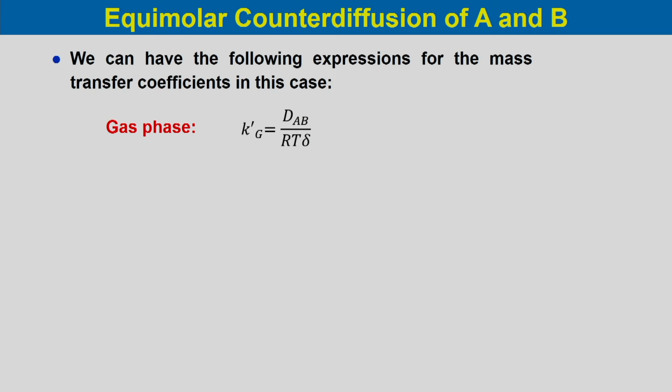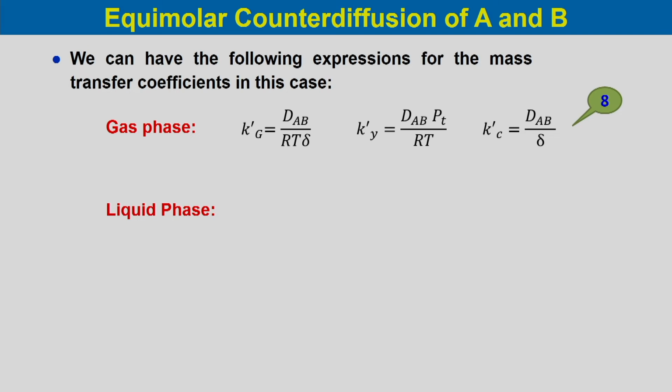For gas phase we will get Kg dash would be equal to dAB by RT into delta, Ky dash would be equal to dAB Pt by RT, and Kc dash would be dAB by delta. So, this is equation 8. Similarly, we can get for liquid phase Kx dash would be equal to dAB rho by M average by delta, and KL dash would be dAB by delta.